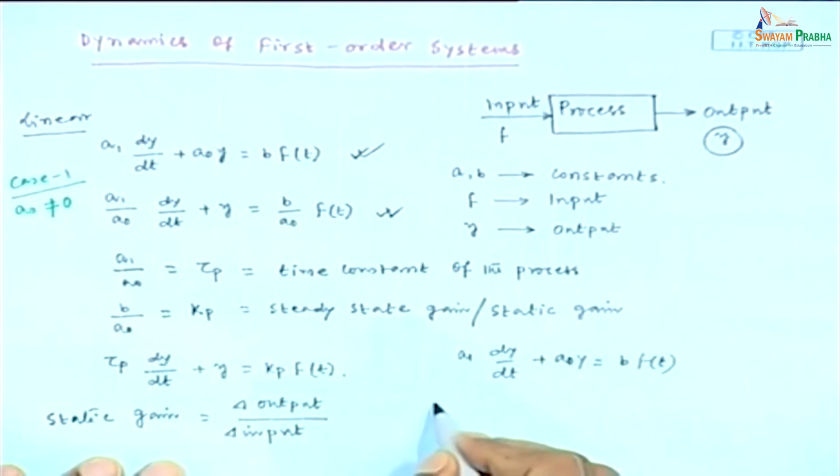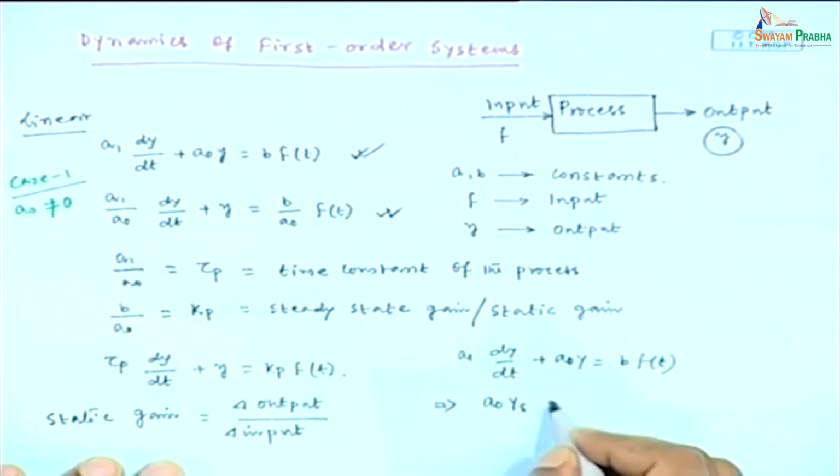The steady state form will be a0 ys equal to b fs, because the dy/dt term does not exist.